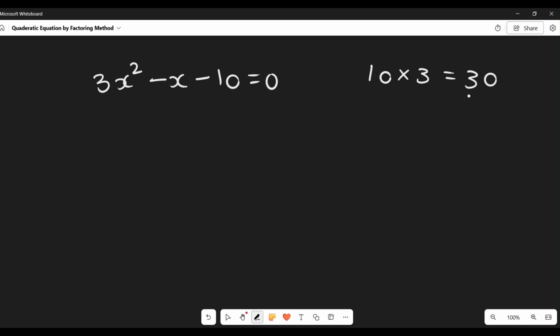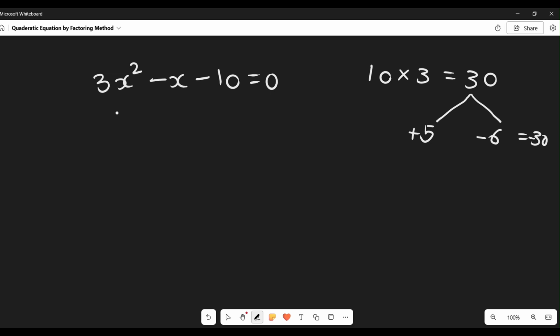So now we have to factor 30 in such a way that its sum will be −1. So we know that 5 multiplied by 6 equal to 30. So now we need the sum to be −1. So we can take +5 multiplied by −6 equal to −30.